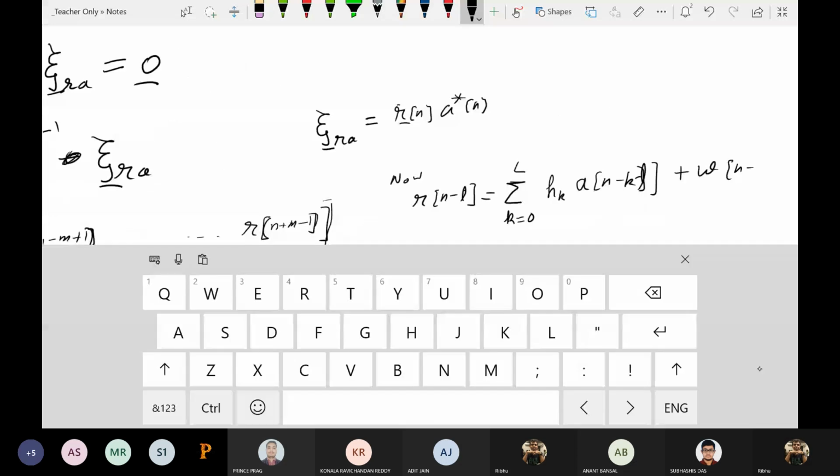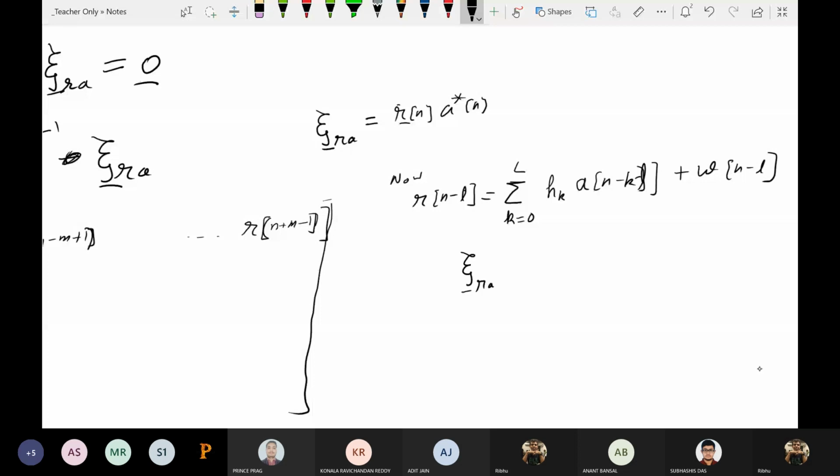So xi Ra, the Lth entry is simply this. Fine. This beast.